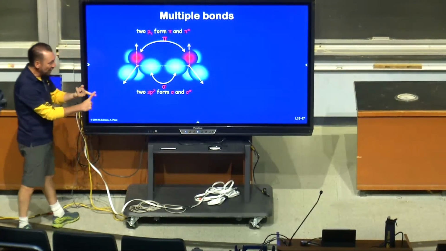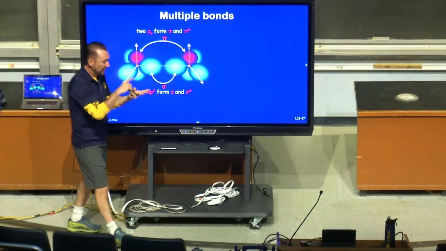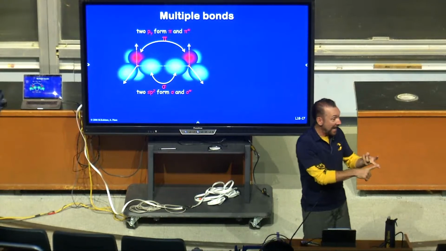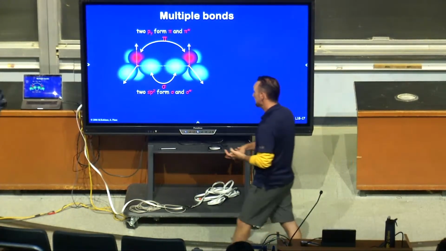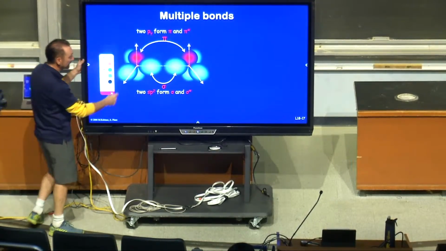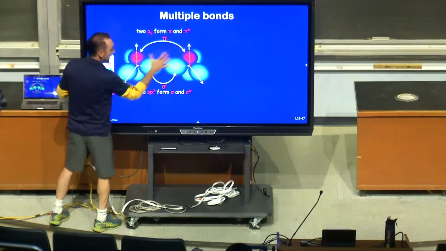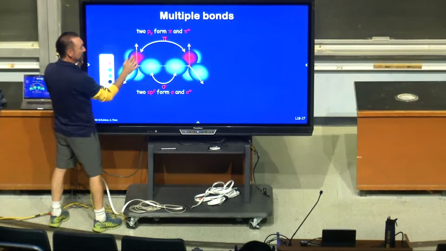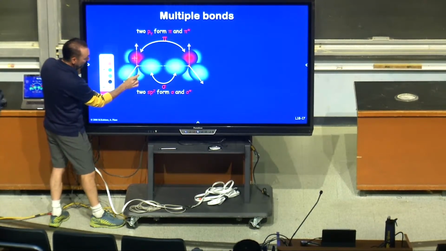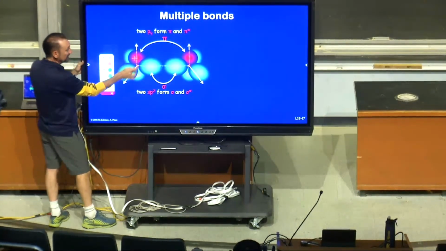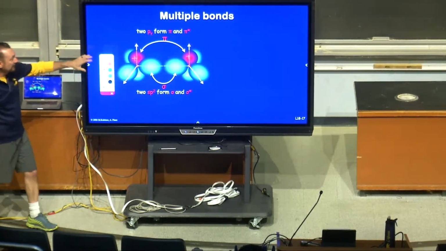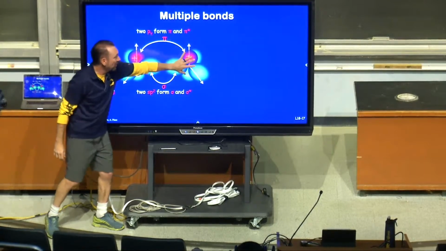Okay, so identifying nodes, understanding constructive and destructive interference, how to add wave functions, and you can see it was very important for that constructive and destructive interference that I remembered these have the same sign, they're the same color. They're colors because that was the sign of the wave function in that region of space before I squared the wave function to get this probability distribution.